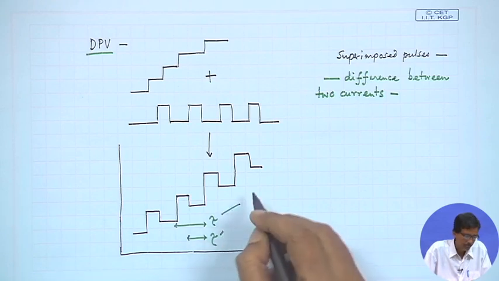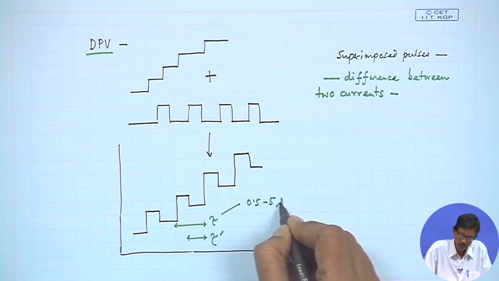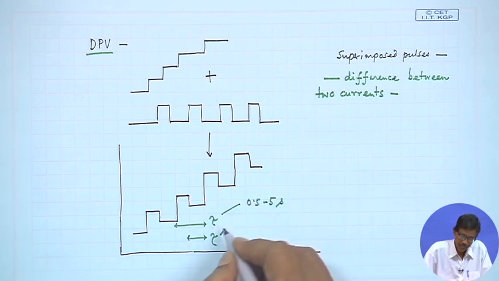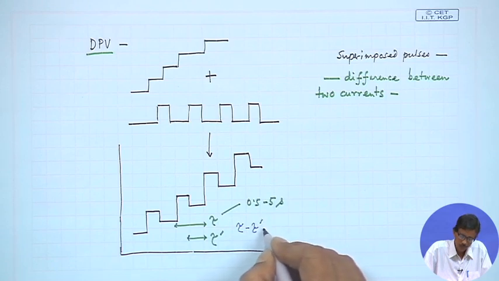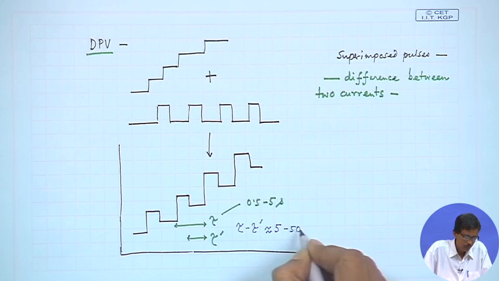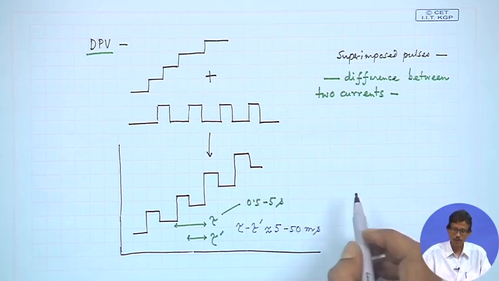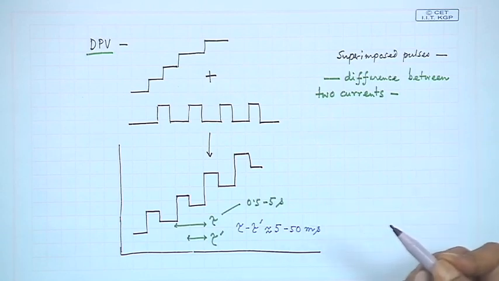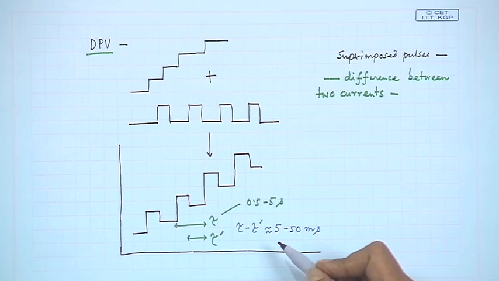Tau can range from 0.5 to 5 seconds, and tau minus tau prime would be in the range of 5 to 50 milliseconds. These time frames are very important, showing how short or long the durations are for generating those pulses.